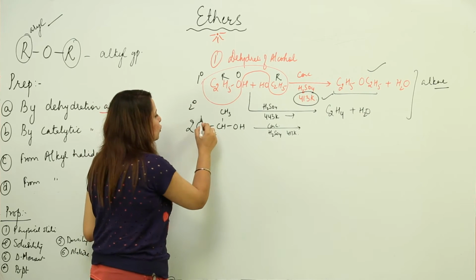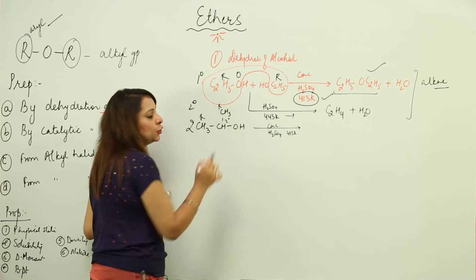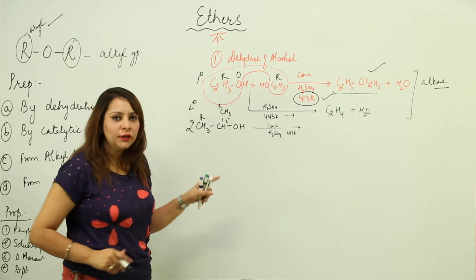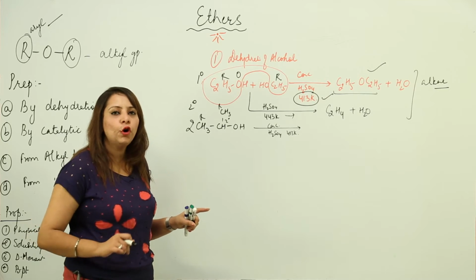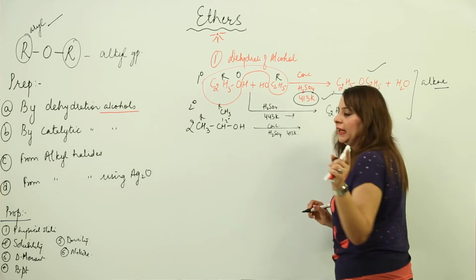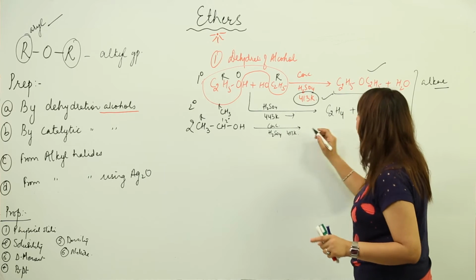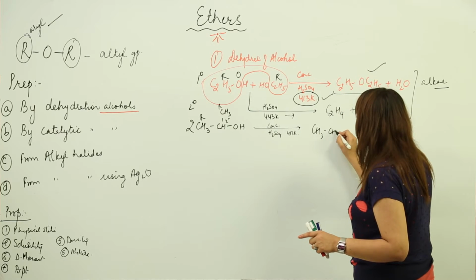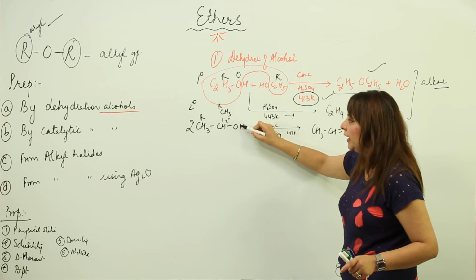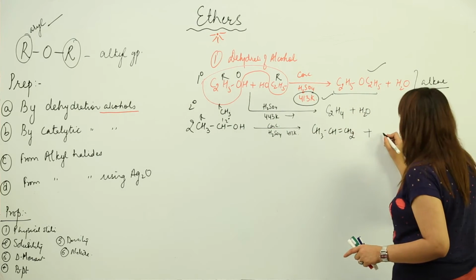As you can see, there are two R attached, so it is 2 degree. If I take this, it forms both products, it forms the alkene and the ether. Let us first form them, then I will tell you what the harm is. We see that it forms the alkene, that means loss of the water molecule, H and OH, and also you get ether.